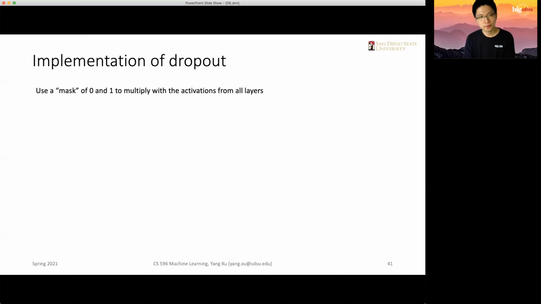Now, speaking of the implementation of dropout, we can use a mask that consists of 0s and 1s and multiply that mask with the activations from all the layers. We don't need to initialize or make the corresponding rows of parameters 0.